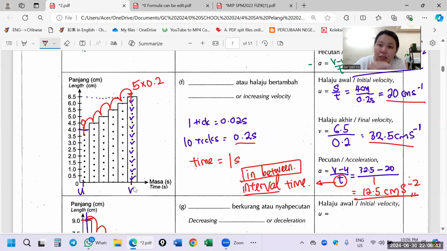You must treat this like a fence, pagar.